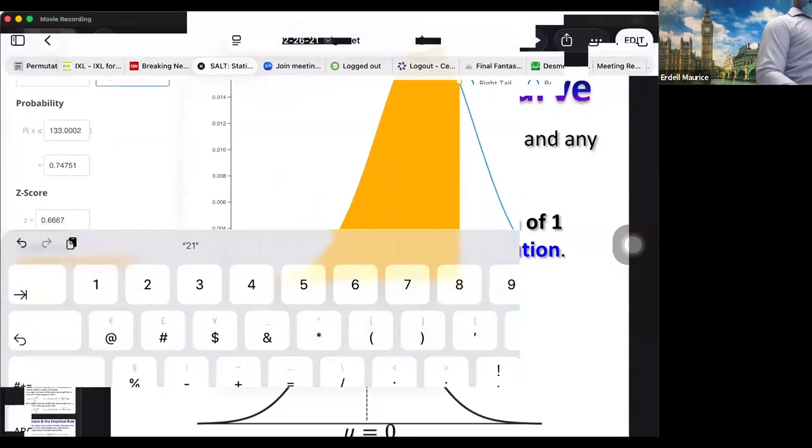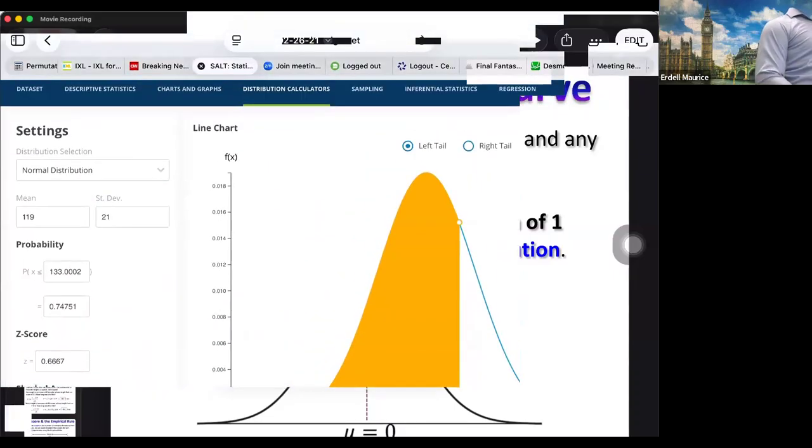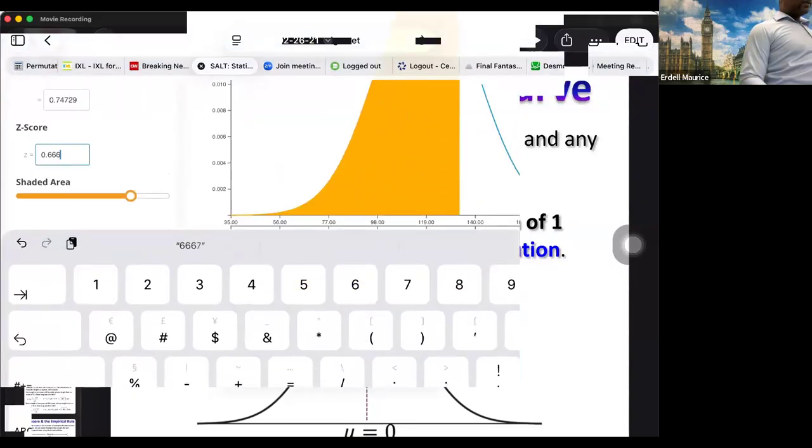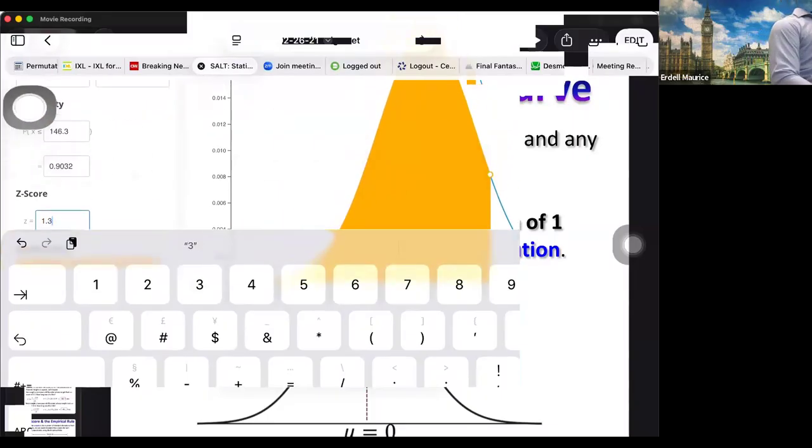And then what I'm going to do is plug in the z-score. The z-score was 1.3. And then if I go up to the score value, this right here, 146.3, that's going to be the actual length of the fish.